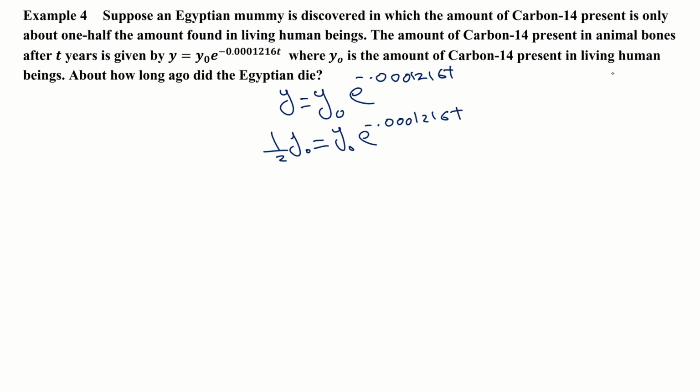So dividing both sides by y0, again, we get rid of it because it's on both sides. So we end up with 1/2 equals e to the negative 0.0001216 t. And we go ahead and take the ln of both sides.